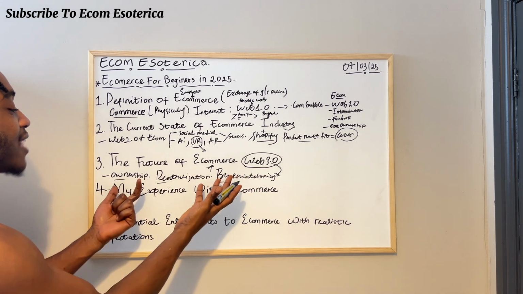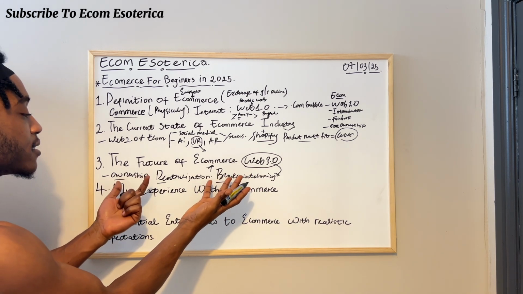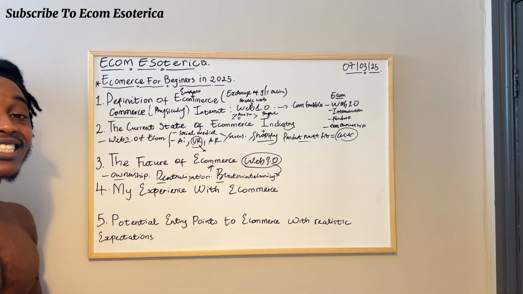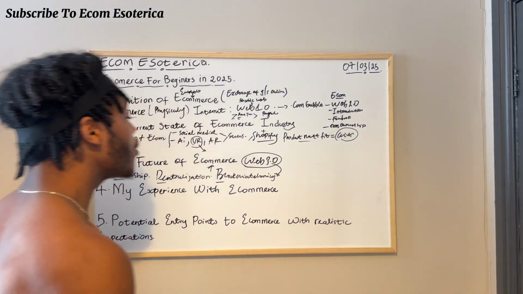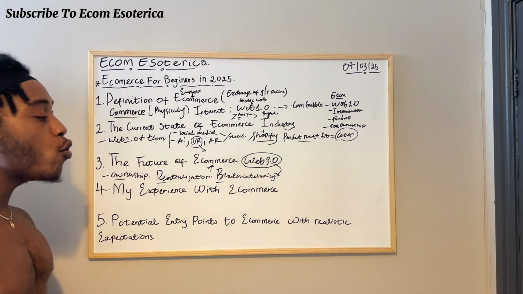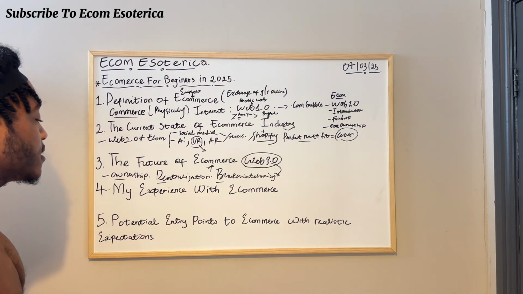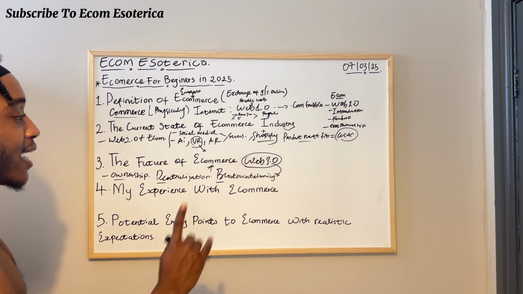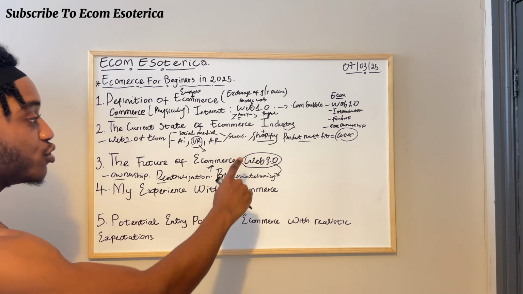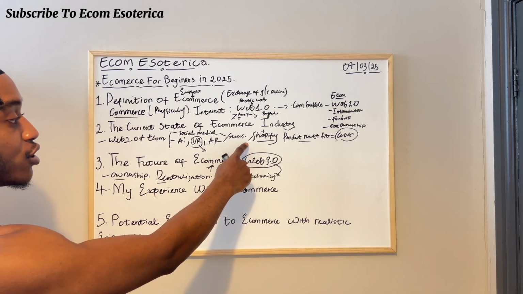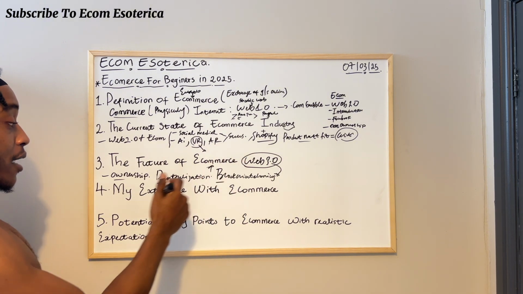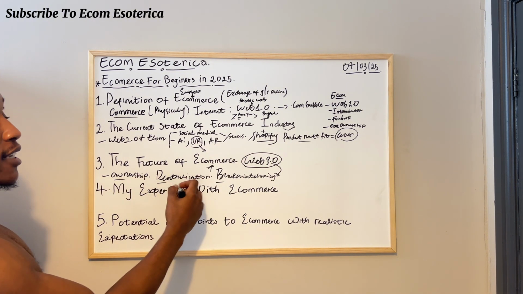So how will blockchain, decentralization and ownership manifest in e-commerce? How will this help businesses and entrepreneurs? Entrepreneurs will have more ownership of their businesses. I predict that in the near future, businesses are going to drift away from Shopify, because it has tremendous fees, and we're talking about ownership and decentralization.